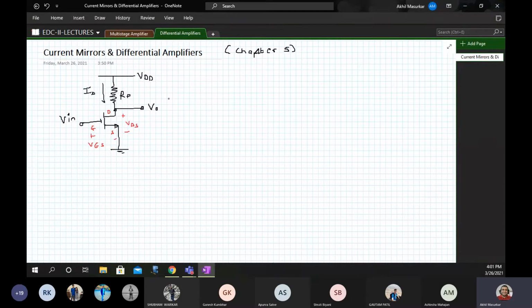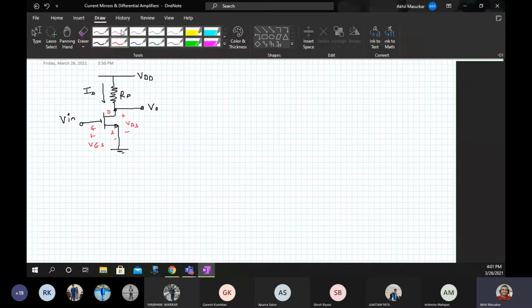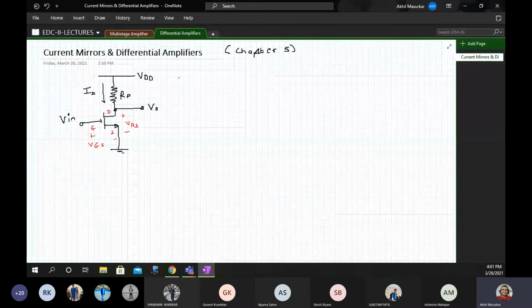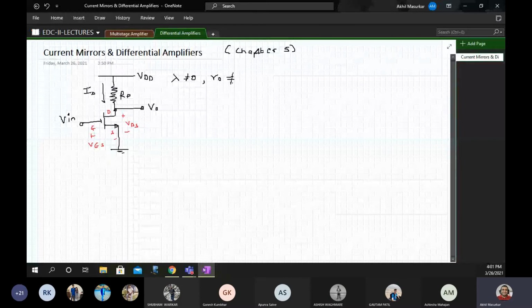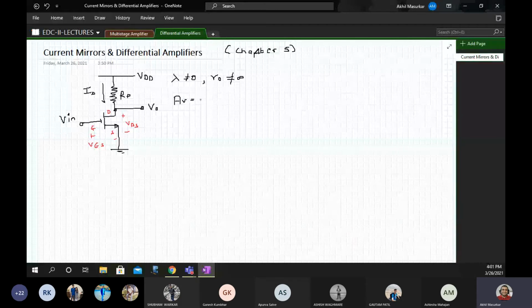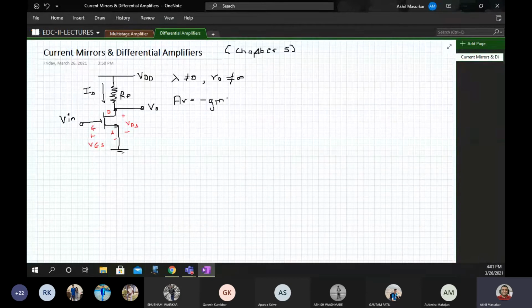Now as far as this circuit is concerned, if my channel length modulation lambda is not equal to 0, so my R0 is not infinity, and I can write the gain equation like this: AV is minus gm into RD parallel with R0.